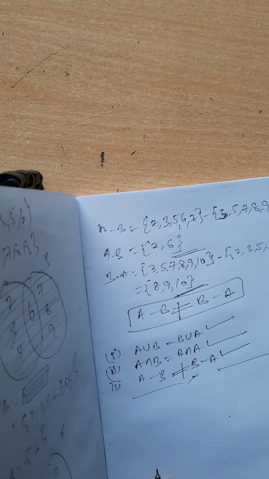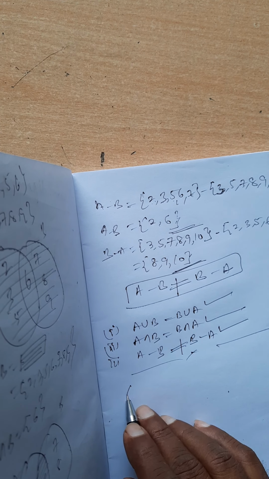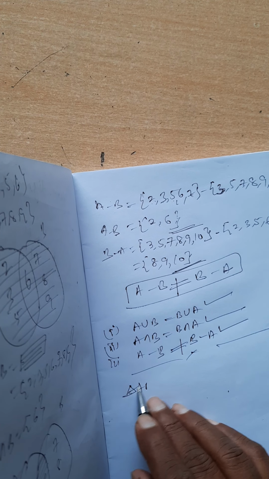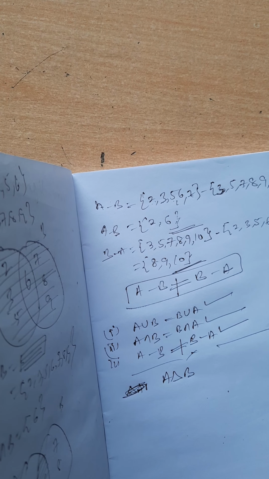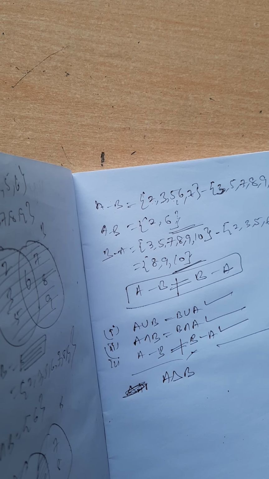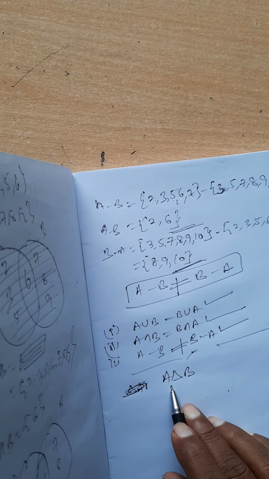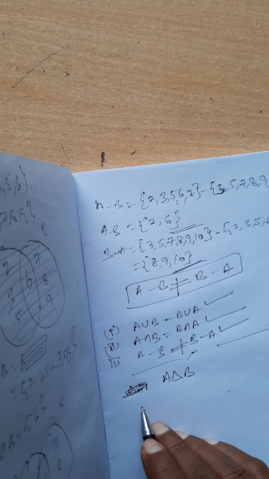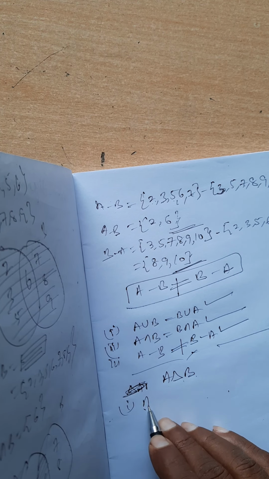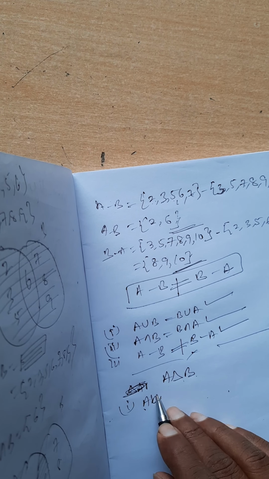One more very important bit you have to see, that is A triangle B. This one is not a direct method. You have to find it using these operations. What is that?